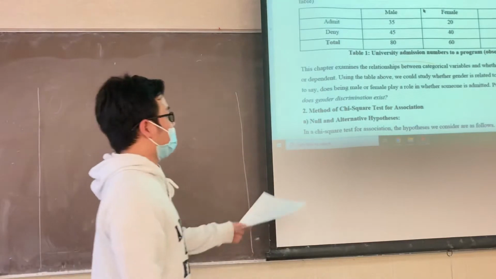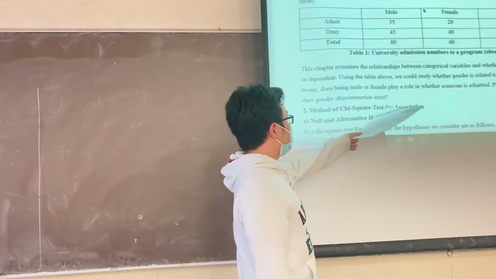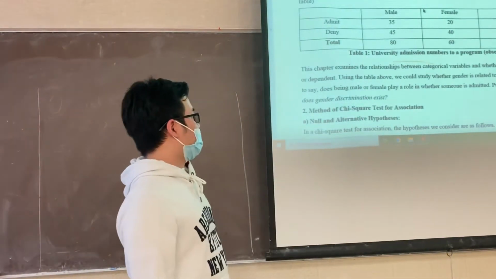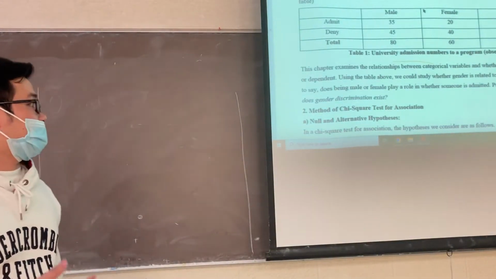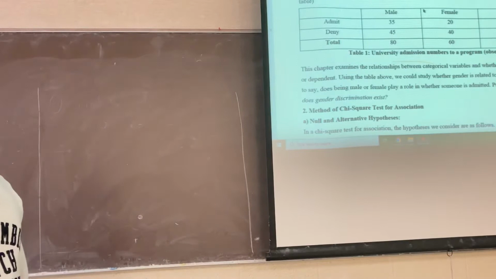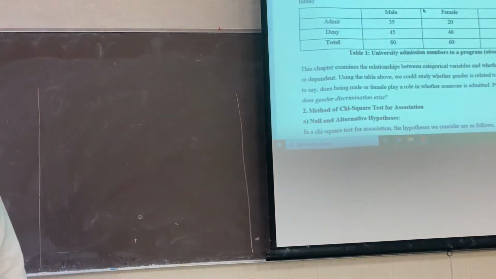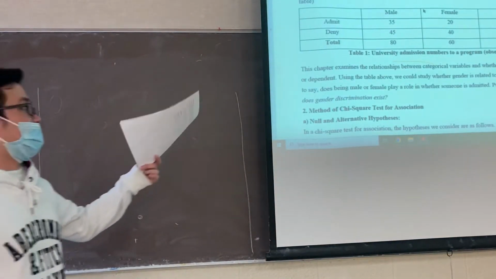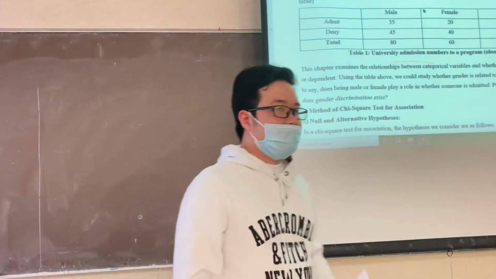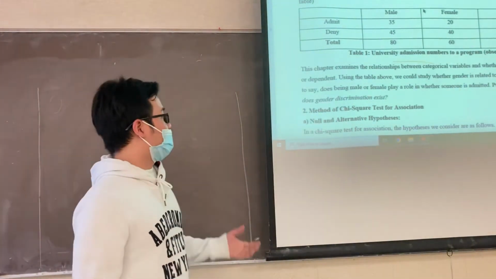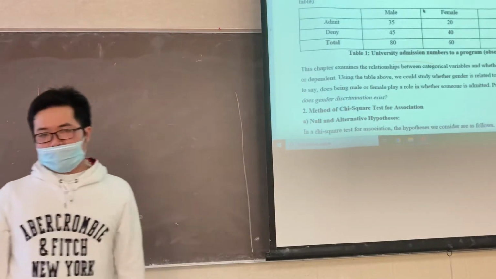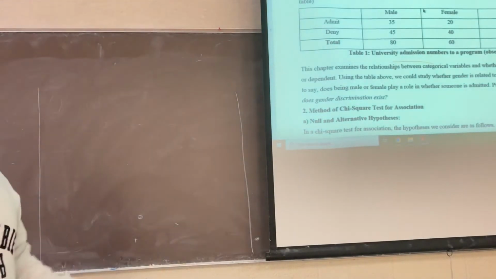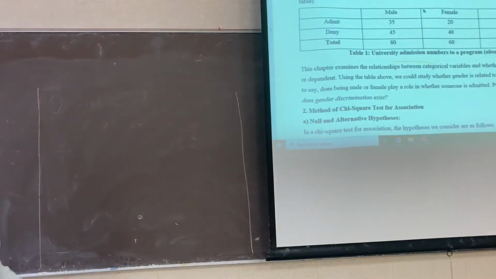Does gender discrimination exist when we look at the table? So today we will answer this question. When we have a table like this, how do we know whether gender discrimination exists? That's the purpose of today.